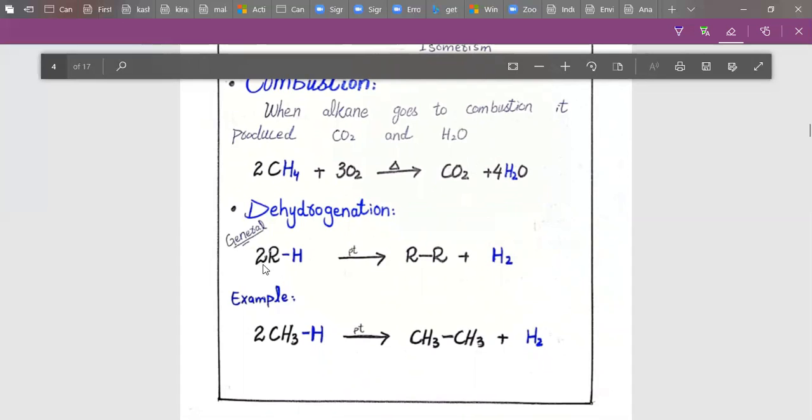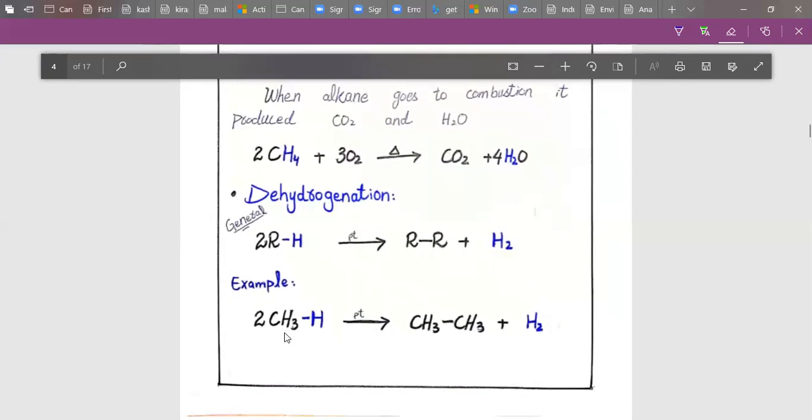Here I take methane. The hydrogen from the methane is removed, and then we obtain ethane.